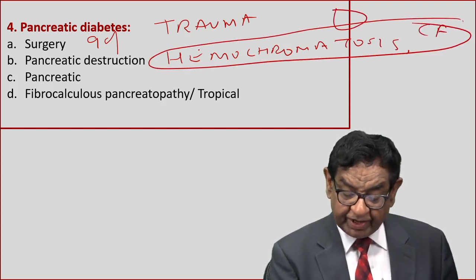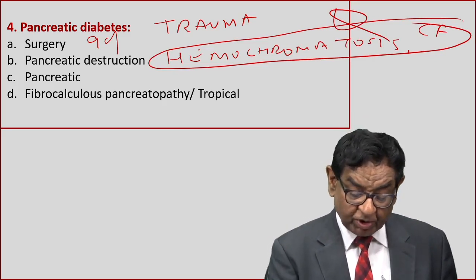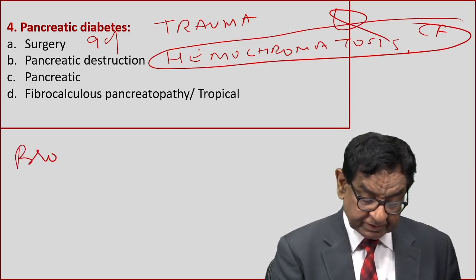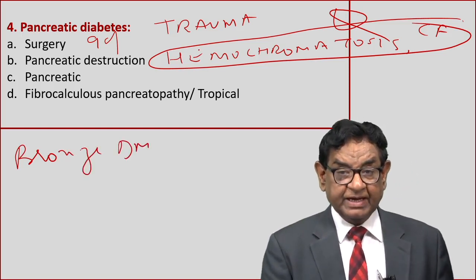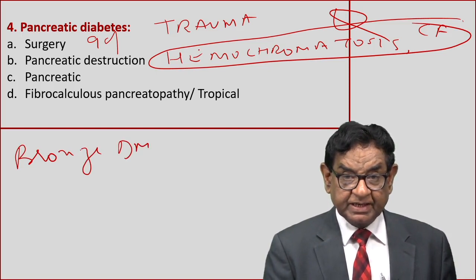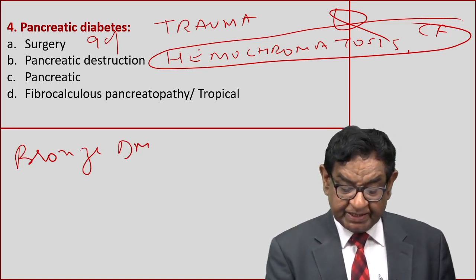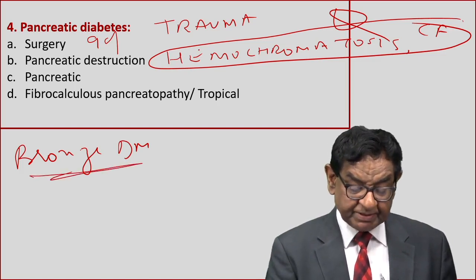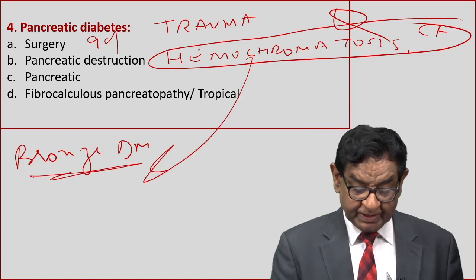These two are very important questions, especially hemochromatosis, which we call bronze diabetes. Why? Because the excess iron deposited in the skin gives it a brown color, and due to destruction of beta cells it leads to diabetes. So we call it bronze diabetes in hemochromatosis. It is a very important question for you.